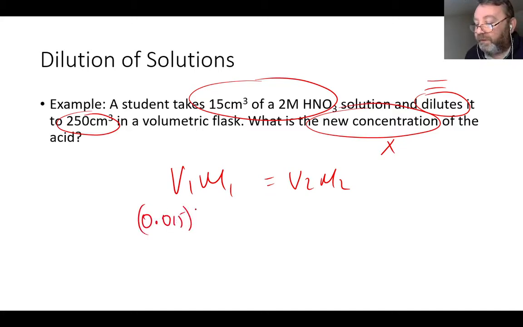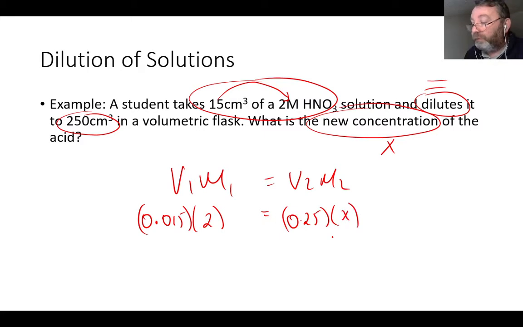So that's the volume in liters, multiplied by its corresponding concentration, which is 2, is equal to 250 centimeters cubed. That's 0.25 of a litre, multiplied by an unknown concentration, which is X. And again, all we've got to do is divide both sides by 0.25 in order to get X on its own. That cancels with that one there.